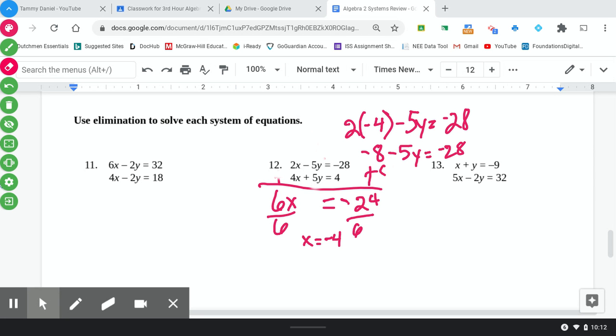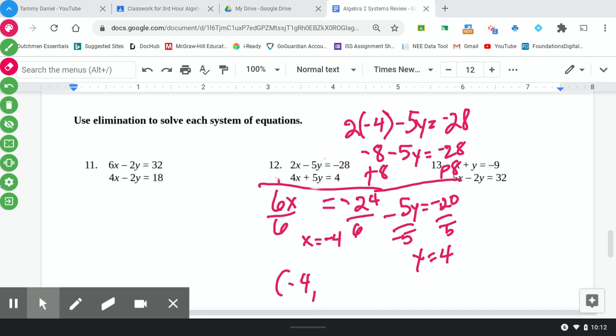So I add 8 to both sides, and that leaves us a negative 5y equals negative 20. Divide by negative 5, and we get y is 4, because a negative divided by a negative is a positive 4. So now we have negative 4, positive 4 is our ordered pair for number 12.